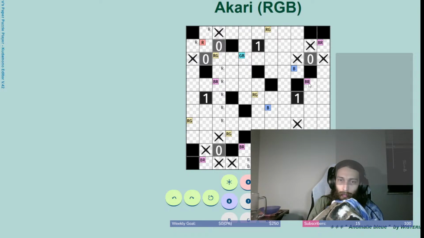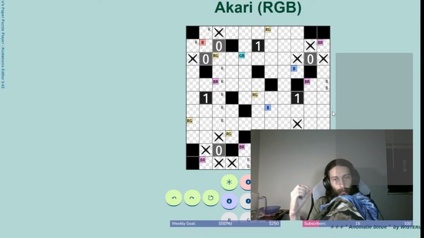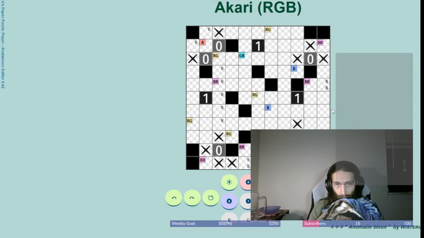I guess one thing we know about the two color positions is that they can never have a light on top of themselves. Right, because another light would be illuminating it. Exactly.